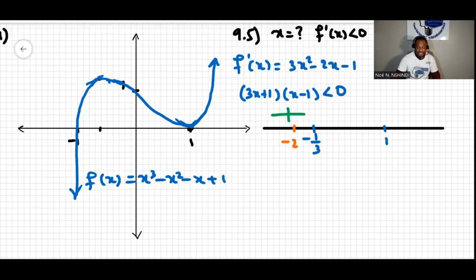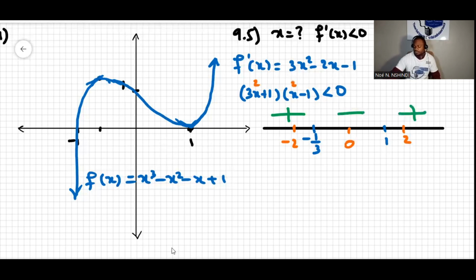Now we're going to select another value between -1/3 and 1, like 0, for instance. If we sub 0 for x, this will be positive and that will be negative. Positive times negative makes negative. Then we select another value after 1, like 2. If we sub 2 for x, this will be positive, that will be positive, and positive times positive makes positive.